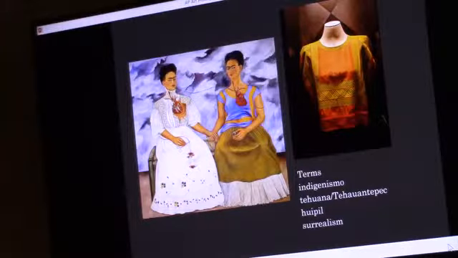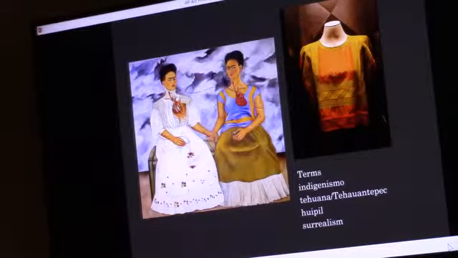That'd be great. Okay, so in this painting, we have the double portrait, right? We have the European Frida Kahlo on your left-hand side if you're looking at it, and on the right-hand side, we have the more indigenous Frida wearing her Tehuana outfit.